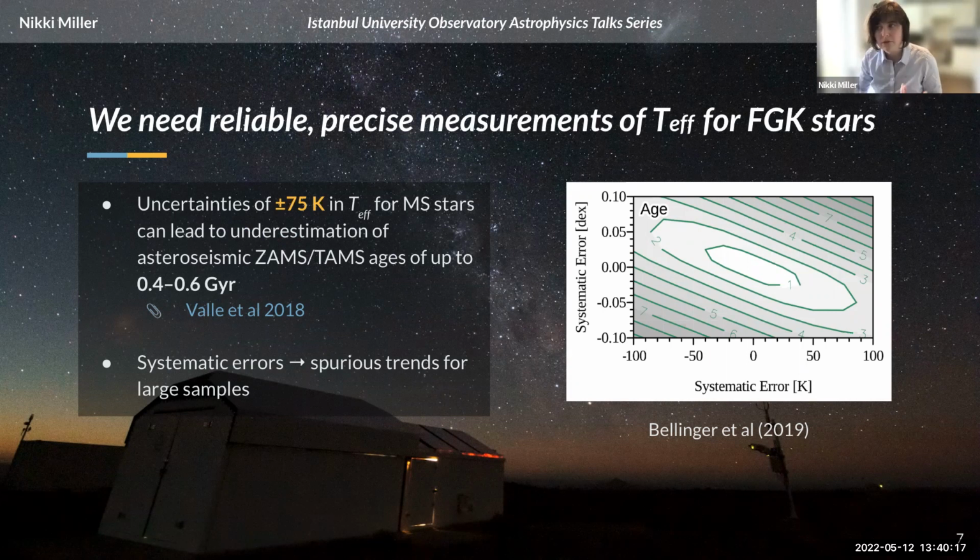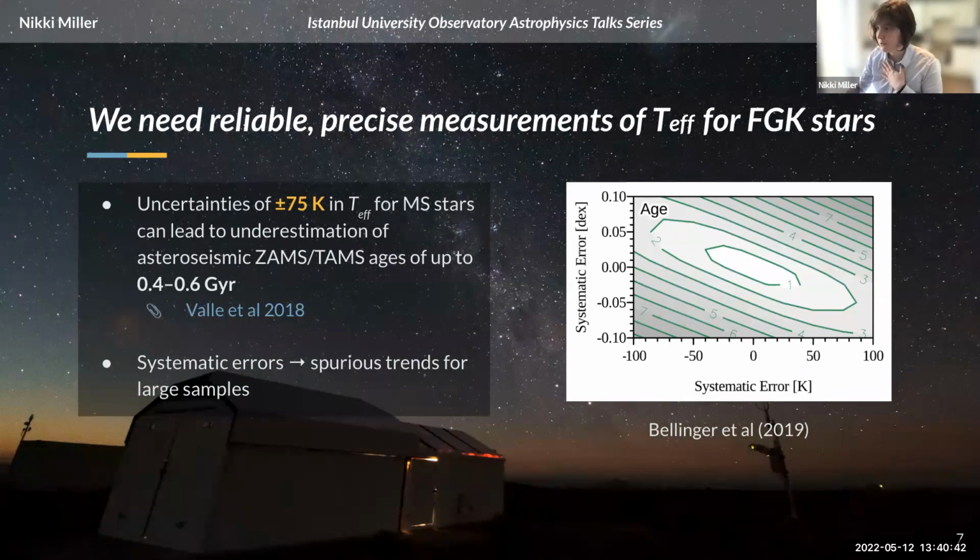uncertainties of even 75 Kelvin in the effective temperature can lead to an underestimation of the derived ages of stars. And any kind of systematic error in the temperature can lead to spurious trends if you're doing large scale spectroscopic surveys, for example.